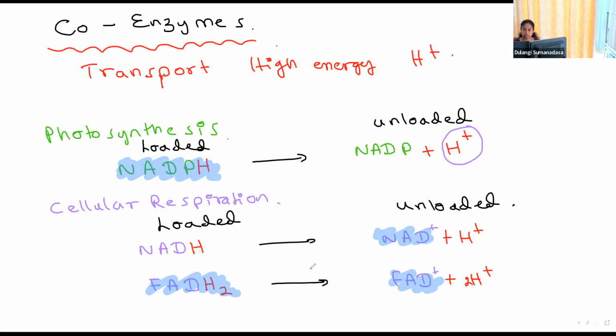Okay, so let's go back to the coenzymes and I'm going to compare it with the ATP. I think I used the same example last year. The money example. The only usable money type in Australia is the Australian dollars.